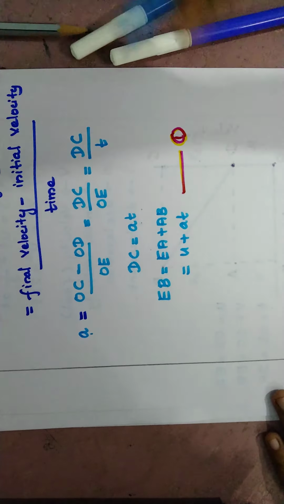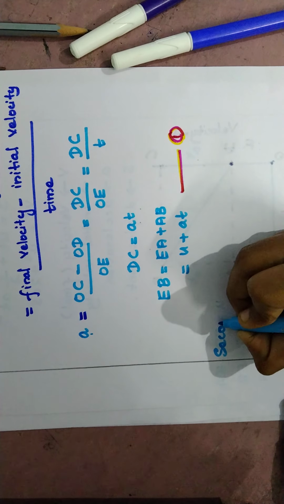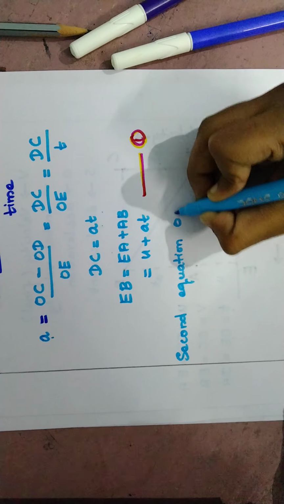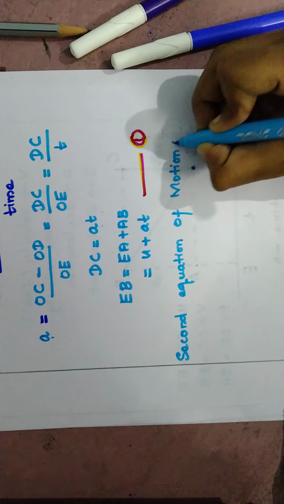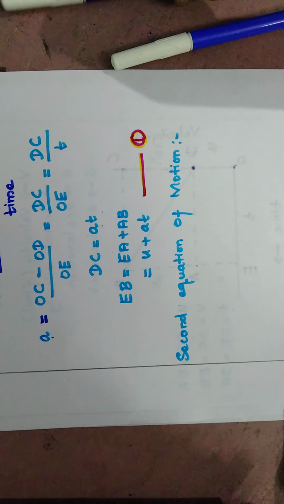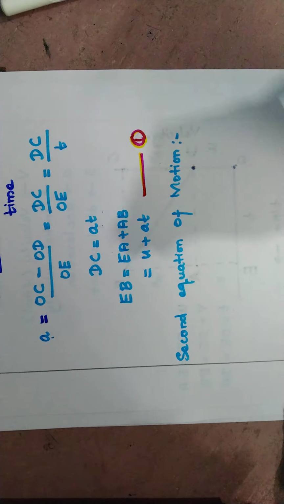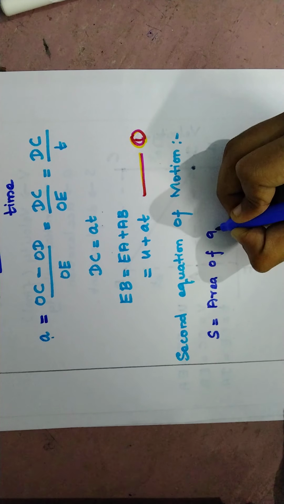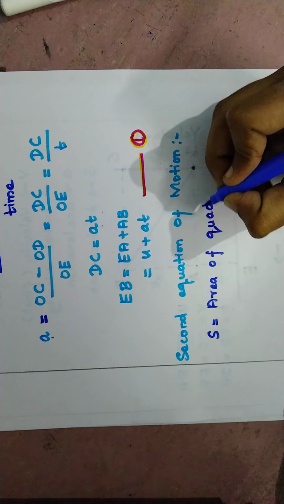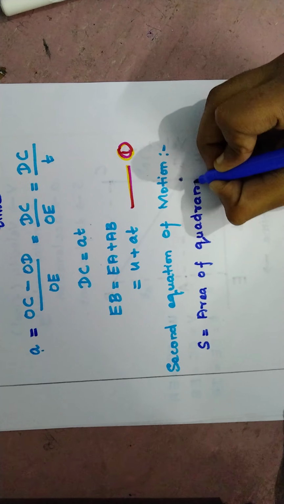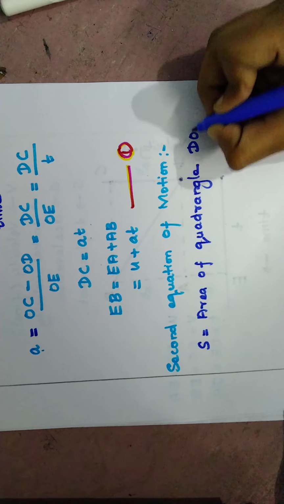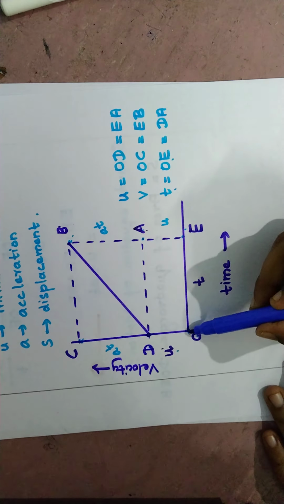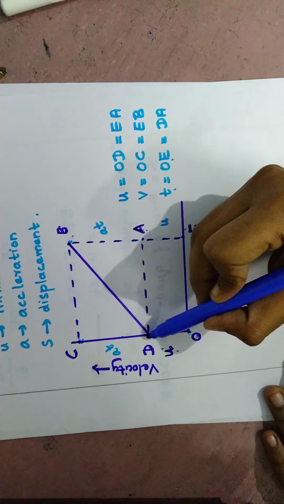Then the second equation of motion. Here also we write a formula: S equals the area of the quadrangle DOEB.